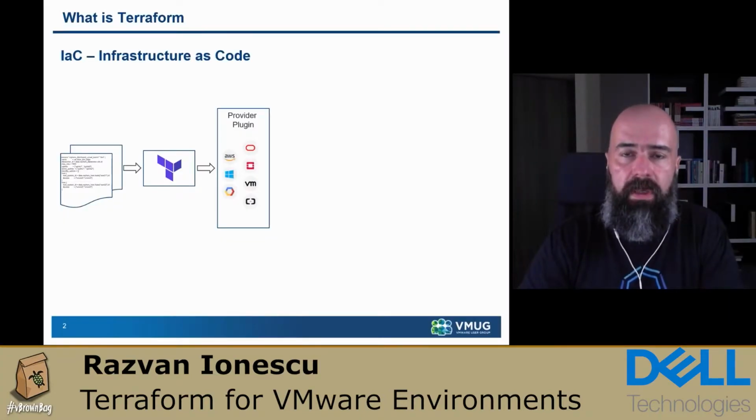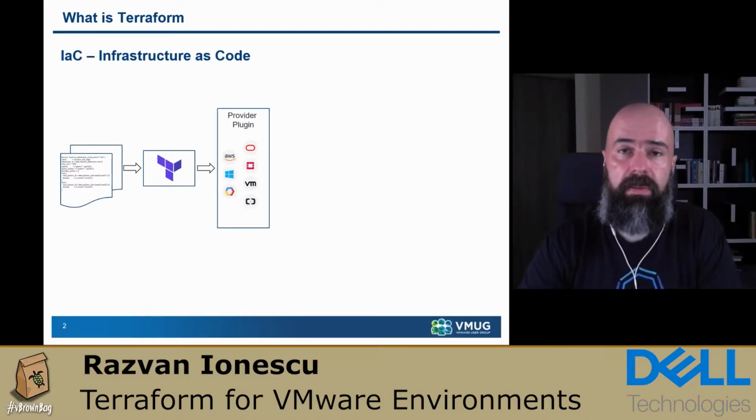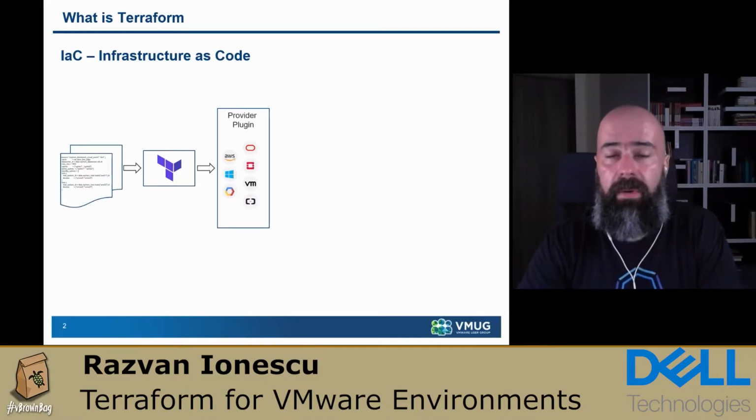Providers are created and managed either by HashiCorp itself, by the vendors, in our case by VMware or other software vendors, and also by the open source community. You can find all the providers in registry.terraform.io. For VMware environments, there is a vSphere provider created and managed by HashiCorp. There are also providers for NSX-T, Cloud Director, vRA, AVI.